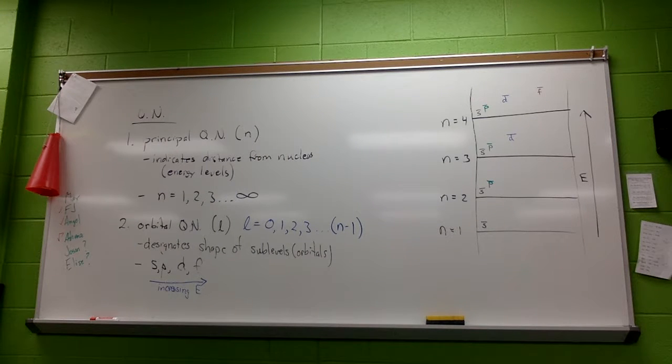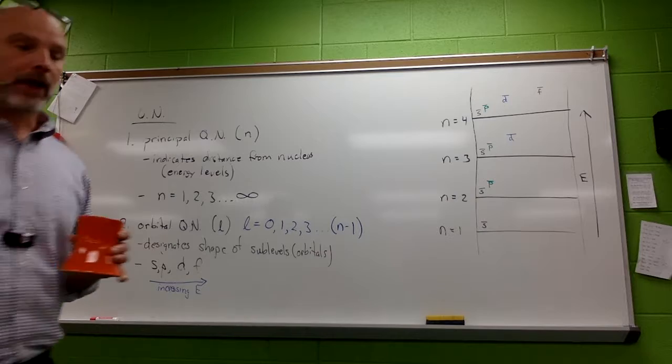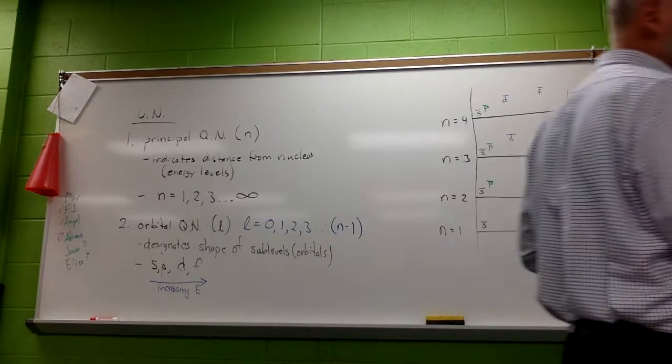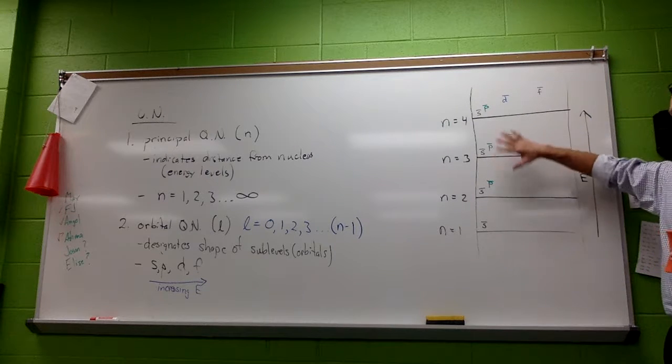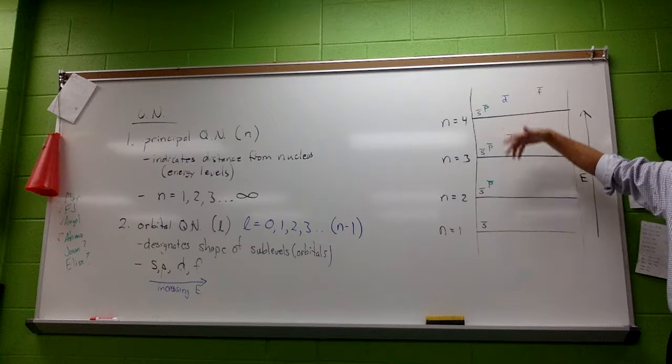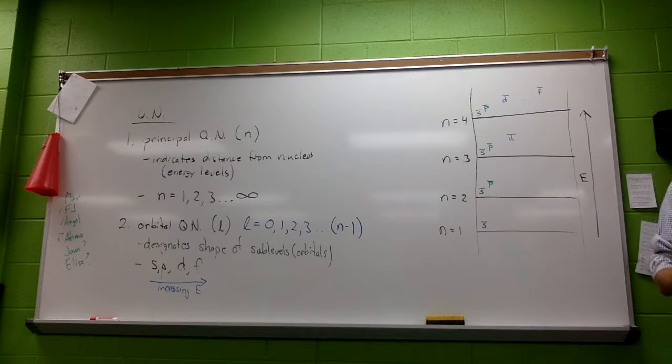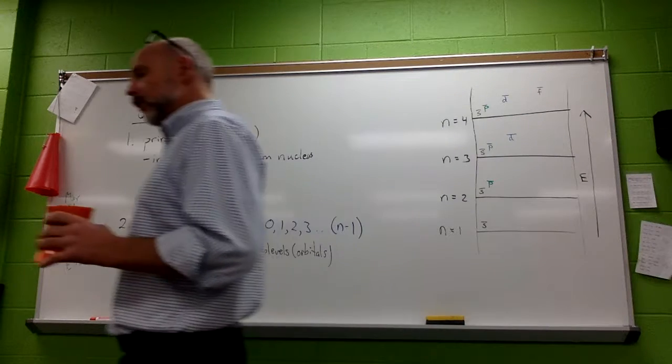And then as you go further and further away, those energy levels become closer and closer to each other. There's a reason for that, which we won't get to until chapter 5. But the reason I'm pointing that out now is we're going to start seeing some issues as we start putting the electrons in the orbitals, and I'm just trying to set you up for that. I wanted you to notice that diagram. So that's an s orbital.